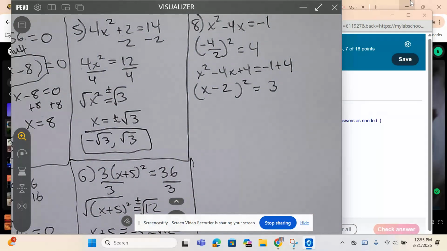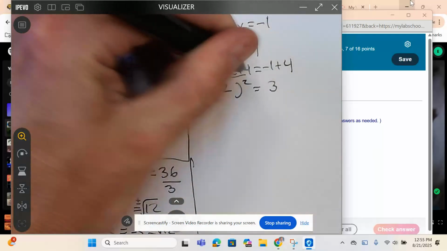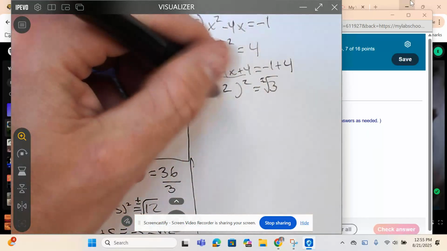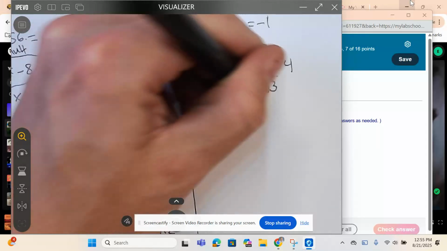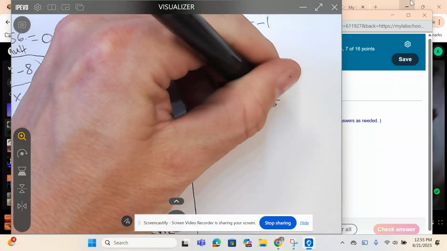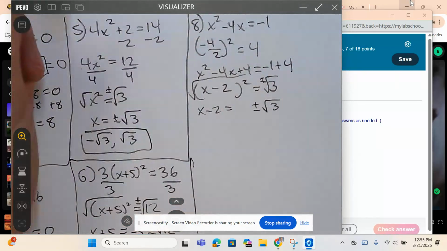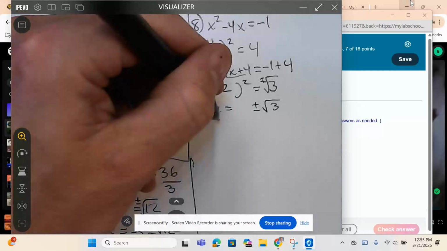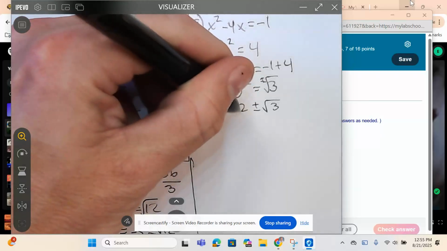All right, square root, plus or minus. So x minus 2 equals, I'm going to leave a gap here, plus or minus the square root of 3. Square root of 3 is not a perfect square, does not simplify. So I add 2 in front.